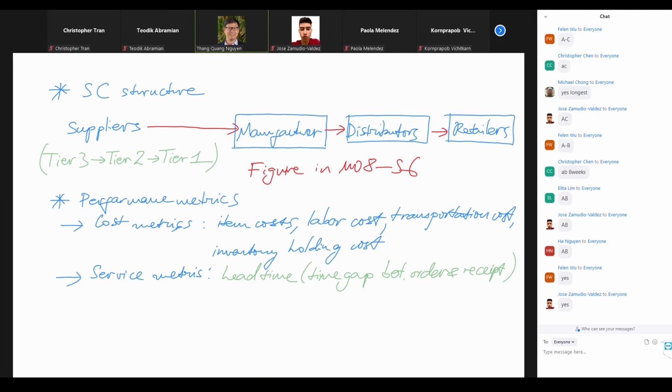For example, if we go to Amazon.com and buy something, and then you receive the goods after 2 days, right? Then the lead time of Amazon.com is 2 days. We're going to talk about lead time a lot later on.